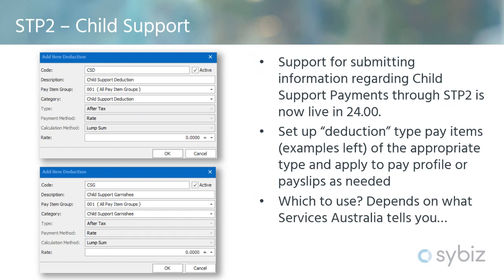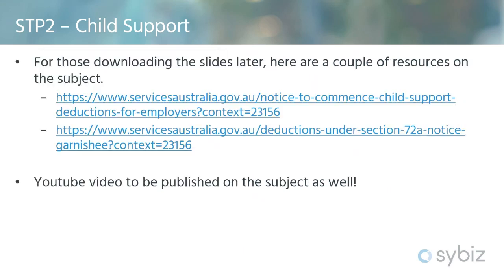It is important to use these deduction categories to make sure they're being reported accordingly, because otherwise Services Australia may start breathing down your neck. However, in regards to which one you should use, a deduction or a garnishee, that's going to depend on what Services Australia tells you. When something like this comes up, you should be given some documentation as to whether it is a deduction or garnishee, and just follow the bouncing ball from there.